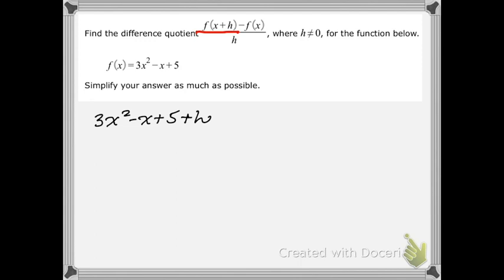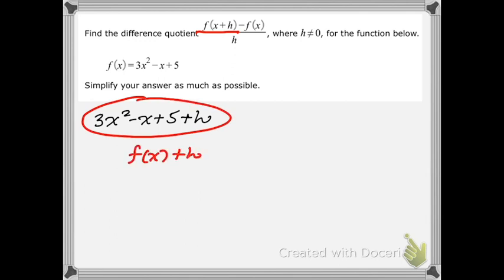But this here is f of x plus h, and notice that's different. This and this are not the same thing. But still, that's what a lot of students will want to do. Maybe they're just misreading it, or it just seems simpler. But this is a big error.